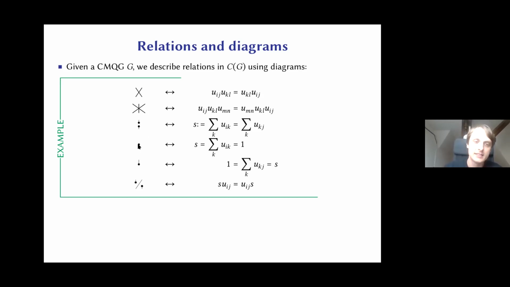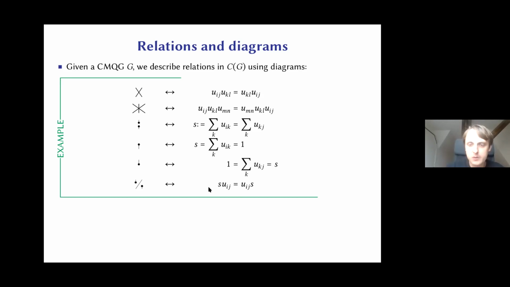So this single point, that's some one-dimensional subrepresentation, and this, for example, means that S equals 1. Anyway, I will explain the relation more formally later. But again, this one is maybe more intuitive. Again, we have this one-dimensional subrepresentation S, and this has to commute with everything. So this is the relation.